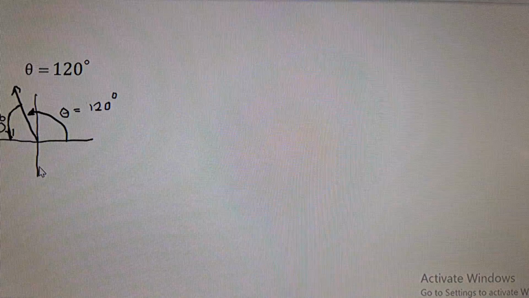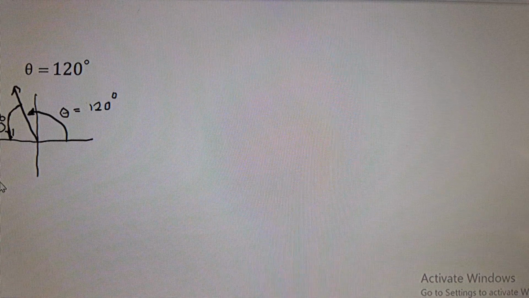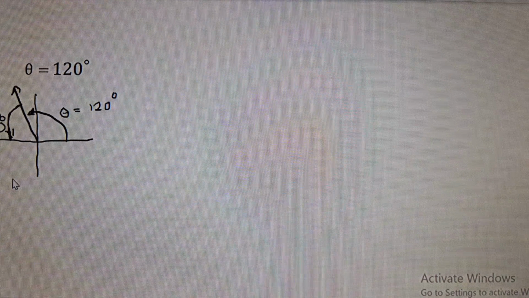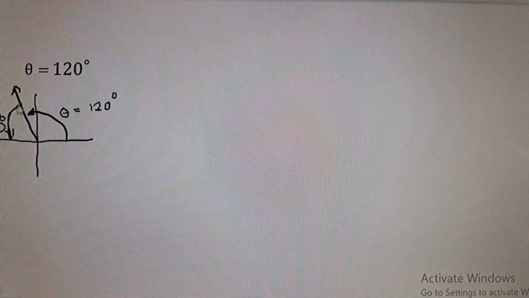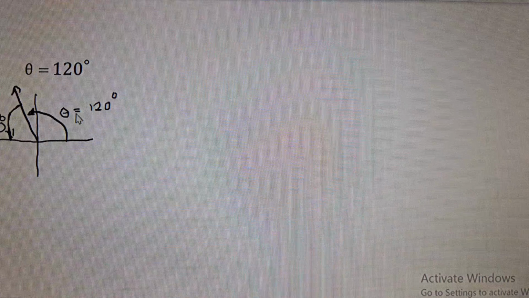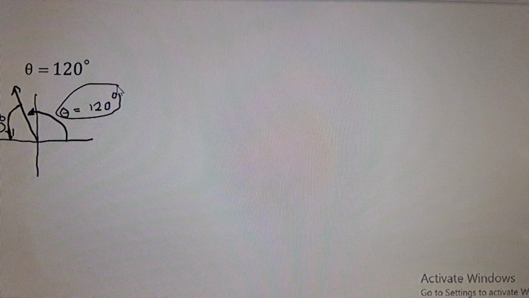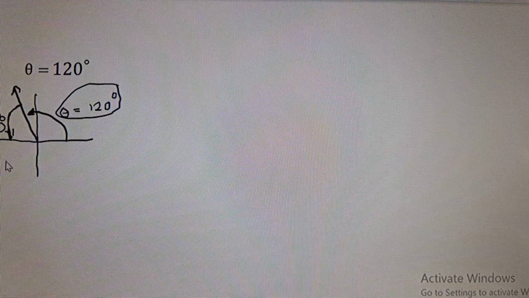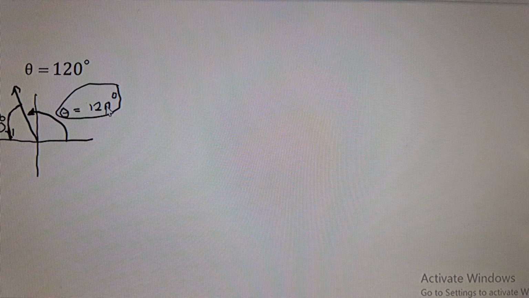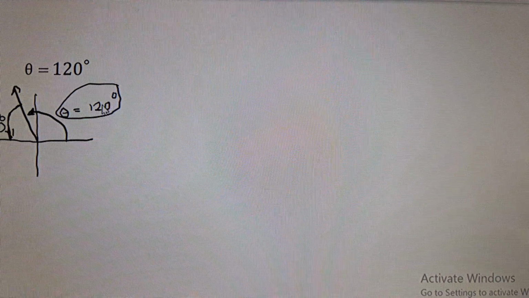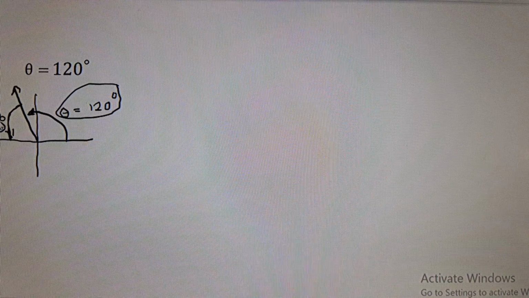Well, what's the usefulness of having a reference angle? Well, if you know the reference angle, you know the properties of 120. So we don't need to memorize the properties for every angle. All we need to know is the properties of 60 degrees.